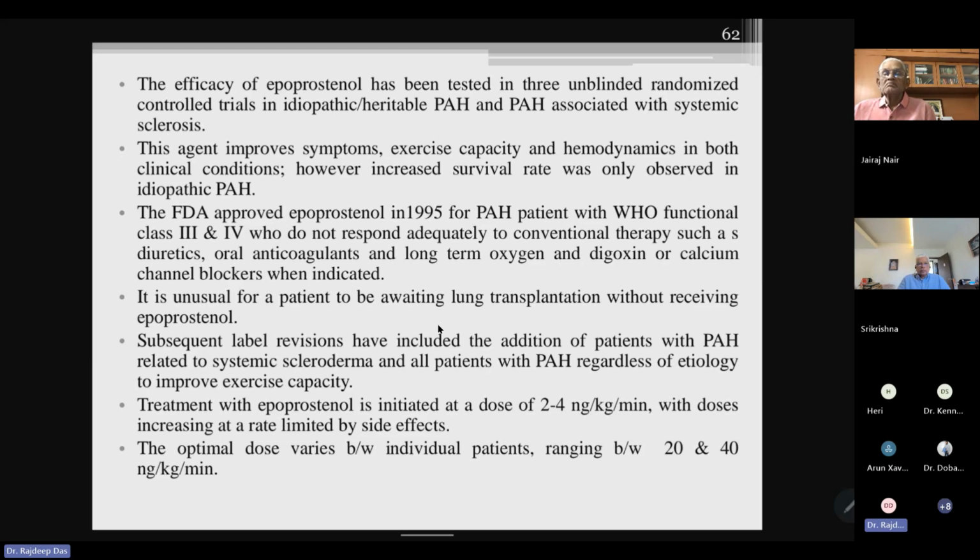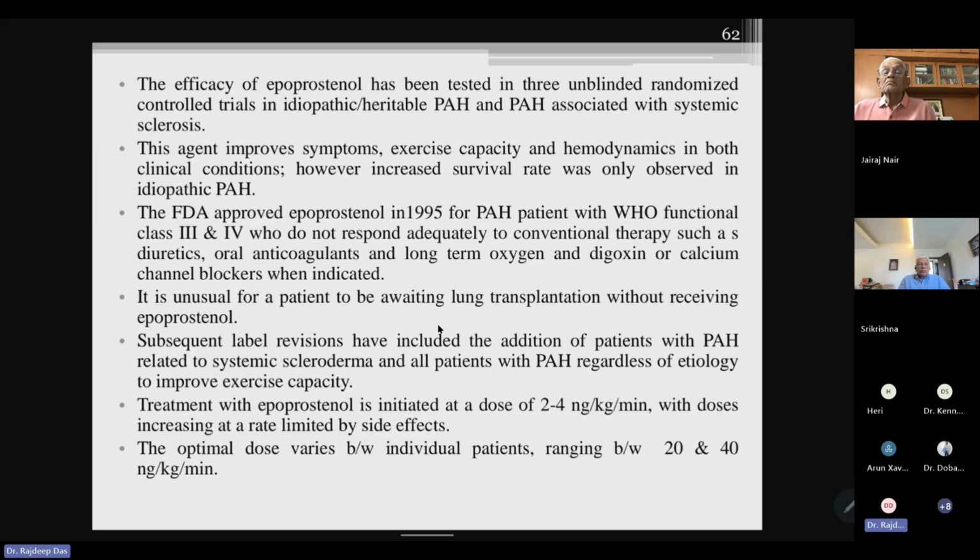It is unusual for a patient to be awaiting lung transplantation without receiving epoprostenol, so it is one of the primary major therapies. Subsequent label revisions have included patients with PAH related to systemic scleroderma and all patients with PAH regardless of etiology, to improve exercise capacity.